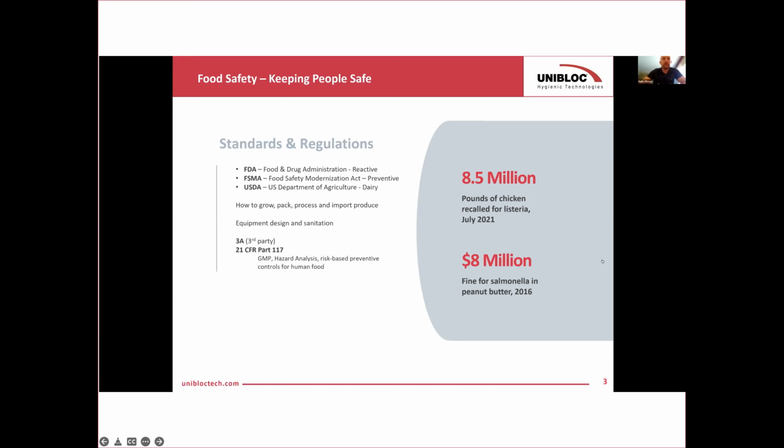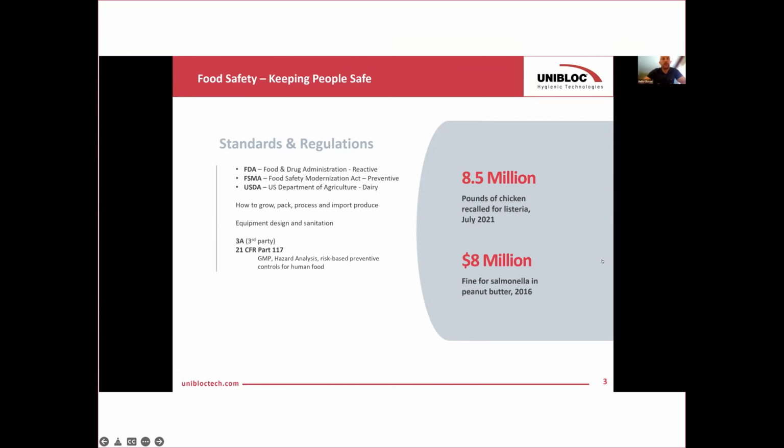And on the sanitation, you will hear about the 21 CFR Part 117, which addresses current good manufacturing practice, hazard analysis, and risk-based preventive controls for human food. And these help you avoid situations like you see here on the right-hand side.